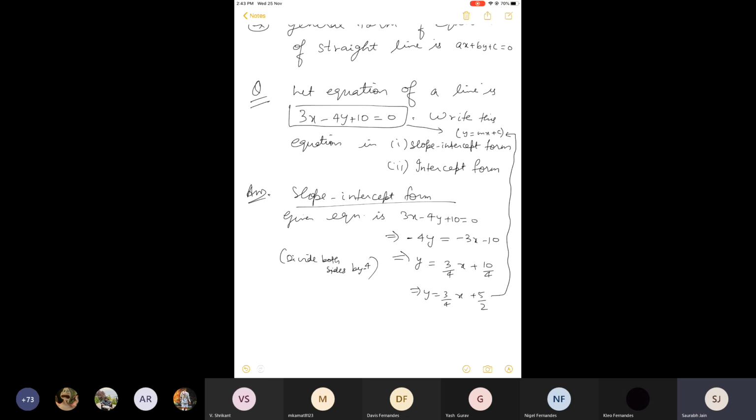And what about the y-intercept, which is c? Its value is 5 by 2. So these are the steps by which you change a given equation into slope-intercept form. Put the term of y on one side, shift all the other terms to the right hand side, and if there is any coefficient of y, divide both sides of the equation by that number. It is that simple.